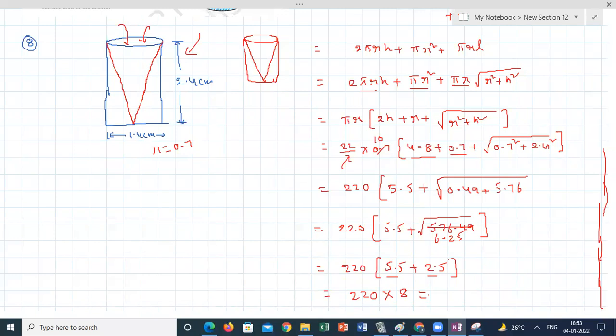Students, please, what is the answer? Guys, please respond. What is the answer?